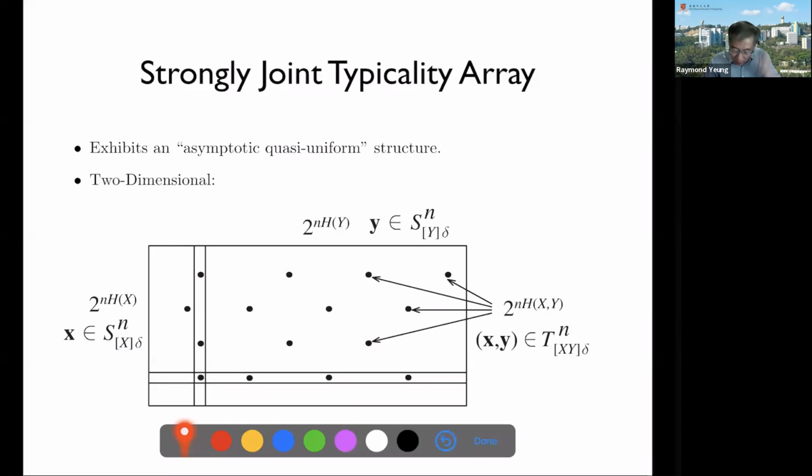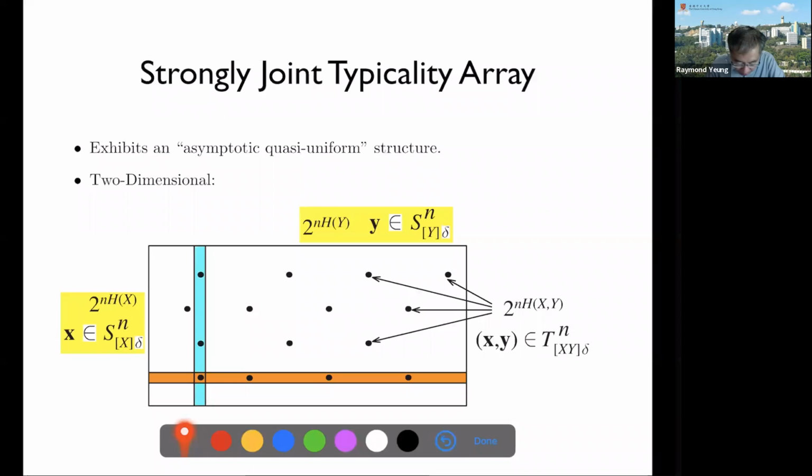Okay, so what it boils down to is like this. The number of rows is approximately 2 to the power n times entropy of x. The number of columns is approximately 2 to the power n times entropy of y. For a particular x, the dots on this row denote those y that are typical with that x. And for a fixed typical y, the dots on this column are the x that are typical with that y.